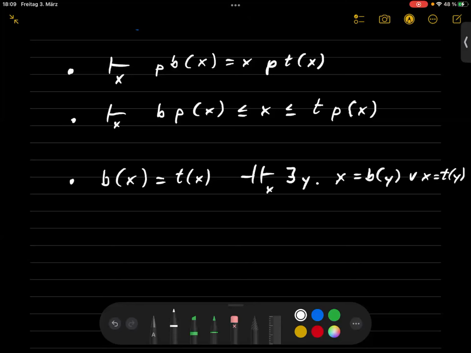So it's in the image of either b or t from one dimension below. Could also be in both, but yeah. So this is the disk condition.